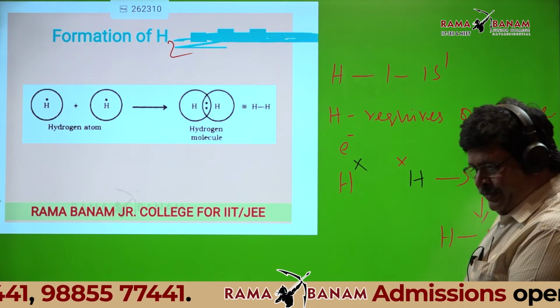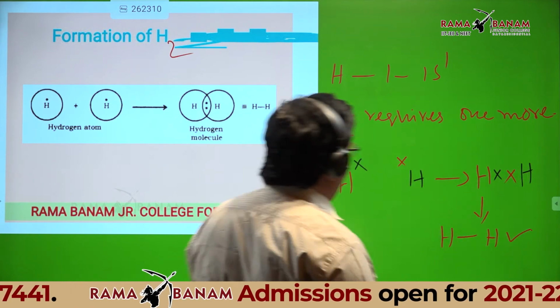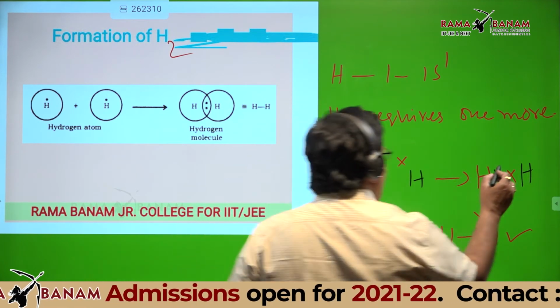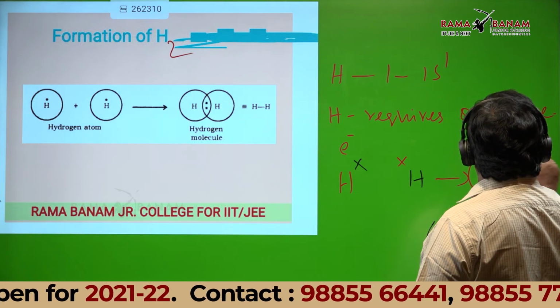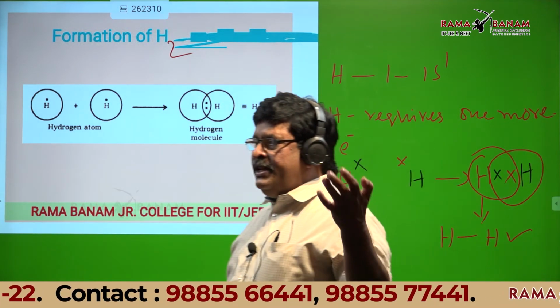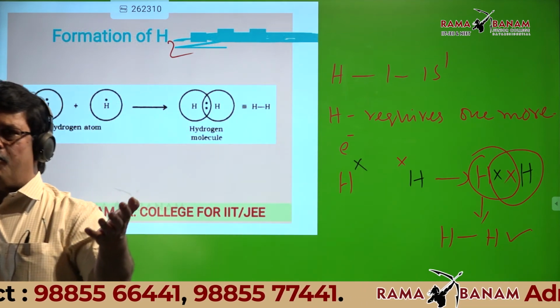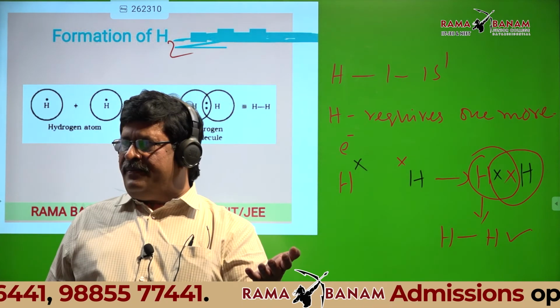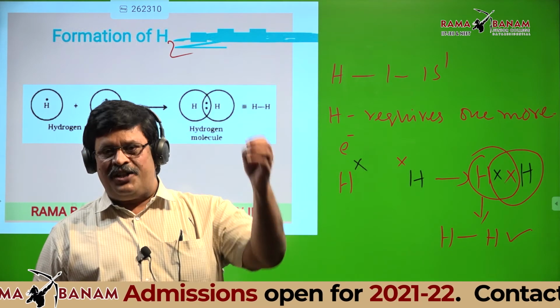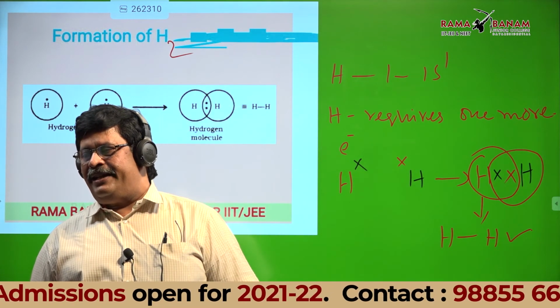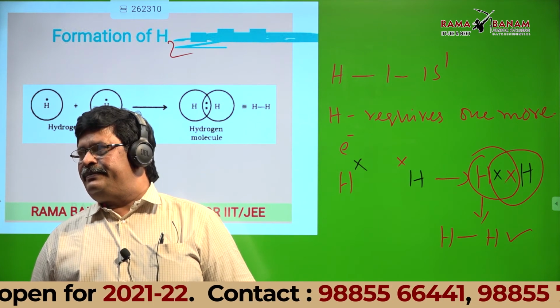Yes, sir. After the formation of the bond, these two electrons give the hydrogens the helium configuration, that is the nearest inert gas. So both hydrogens are stable. The hydrogen molecule is stable. Is it okay? Okay, sir.